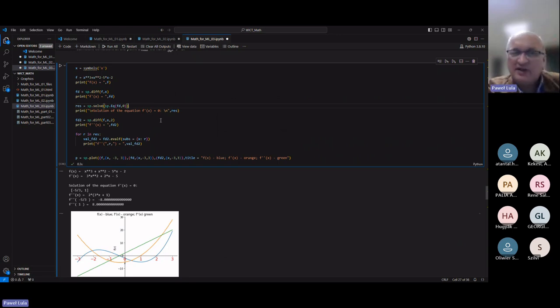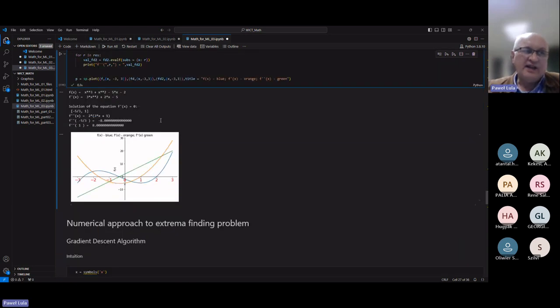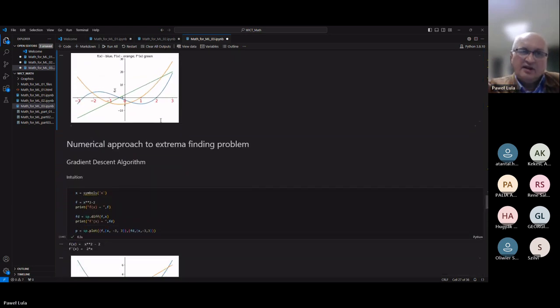Of course, I can do it manually, but sometimes it is difficult. So in practice, we use another approach. We use a numerical approach. Because when I use a numerical approach, it is not necessary to solve these equations, which I had to solve using this analytical approach.